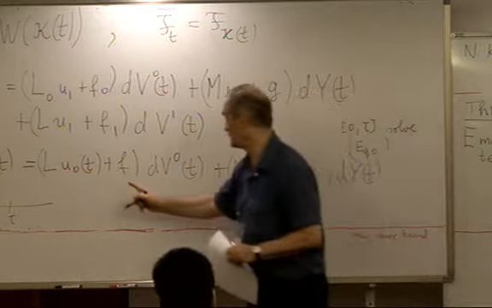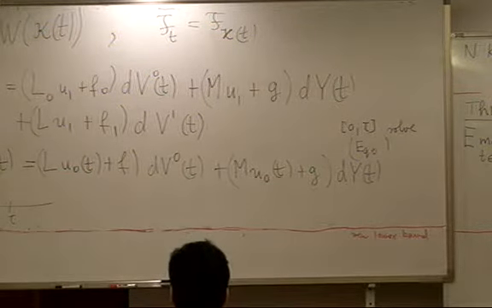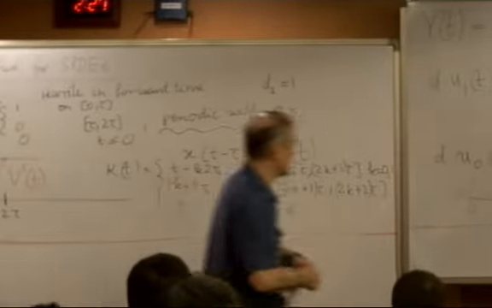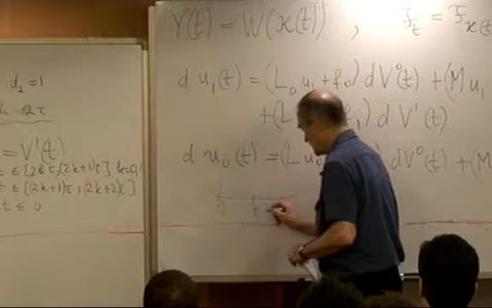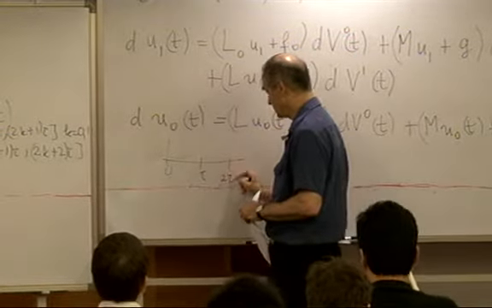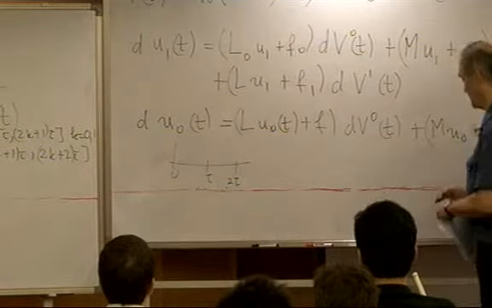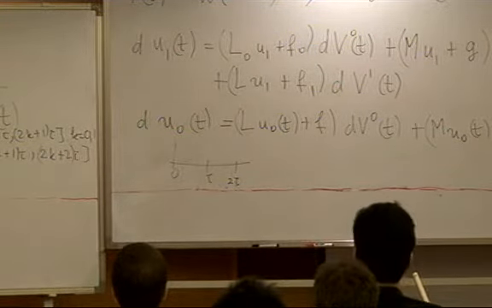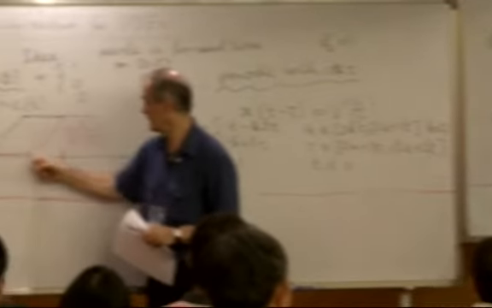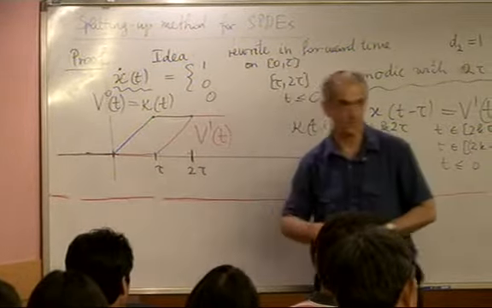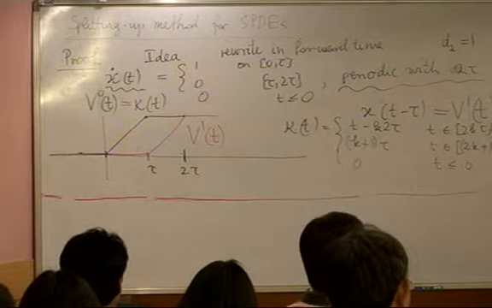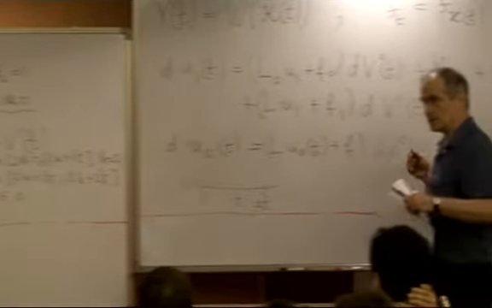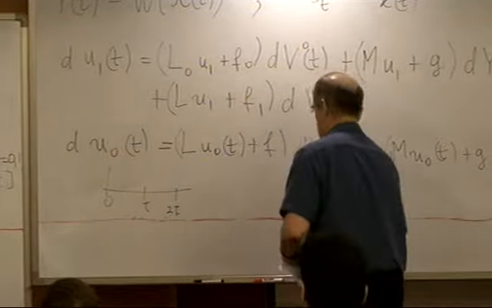This is because until tau the kappa t is just a t, so we solve the original equation until tau, but then we stop solving, because this is a constant then on tau to 2 tau, so we stop solving and then again we start, and so on.